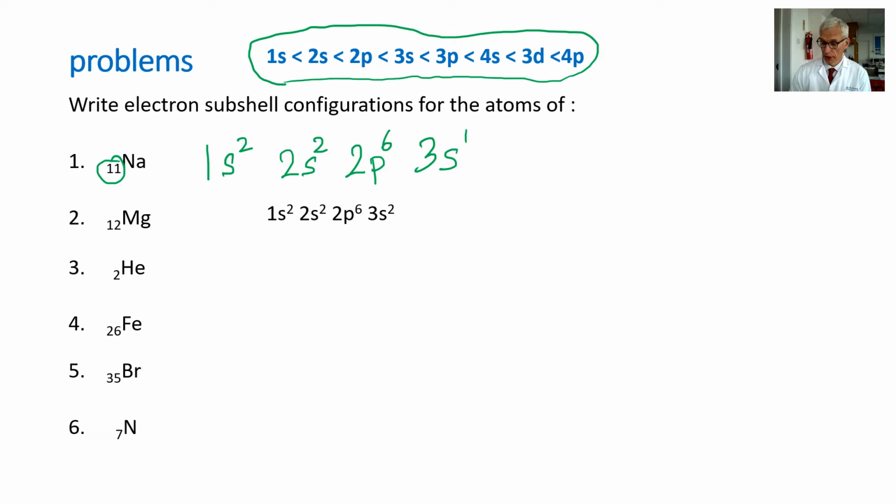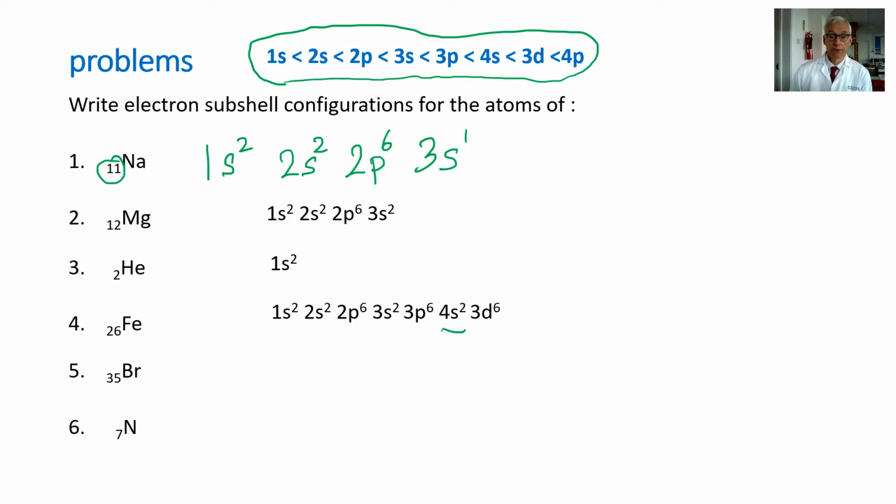Okay, so let's just reveal for helium. Very simple. I hope I didn't fool anyone. 2 electrons go into the lowest energy subshell, which is 1s, so 1s2. Iron, 1s2, 2s2, 2p6, 3s2, 3p6. We fill 4s before 3d, so 4s is filled before 3d.